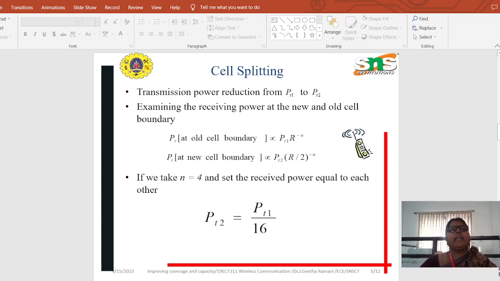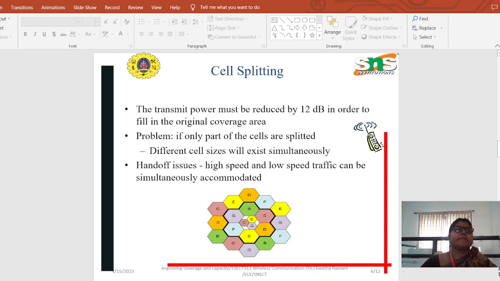Suppose we take n equal to 4 and set the received powers equal to each other, then we could define PT2, that is the reduced power, equal to PT1, that is the earlier higher power, divided by 16 for n equal to 4. So this is the simple formula. In this way we can calculate the power for split cells.